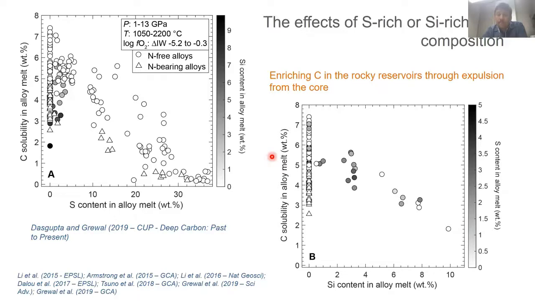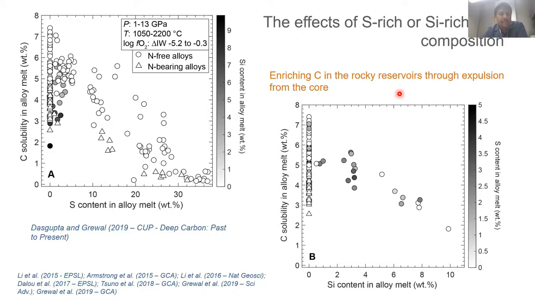This is no surprise, by the way. The metallurgy data was already hinting at this based on experiments and thermodynamic models at ambient conditions, meaning at 1 atmosphere. But we subsequently did higher pressure experiments, which strengthened those previous metallurgy data, that indeed the solubility of carbon in the alloy drops quite a bit as a function of sulfur and silicon content of the alloy.